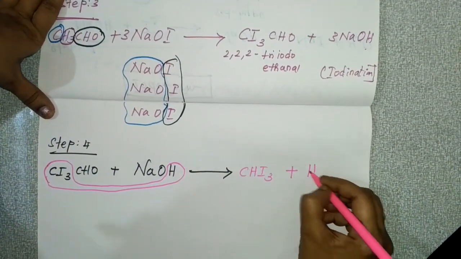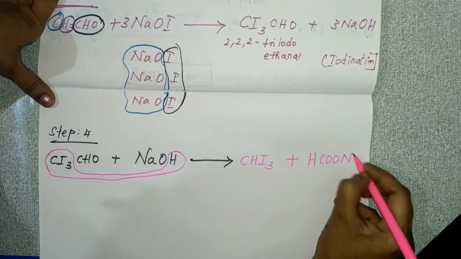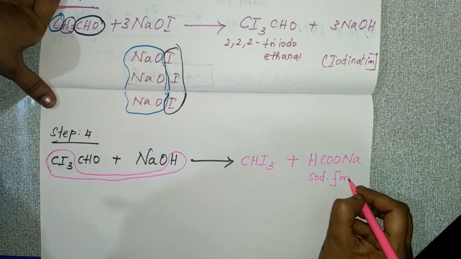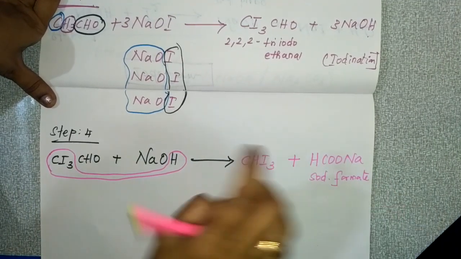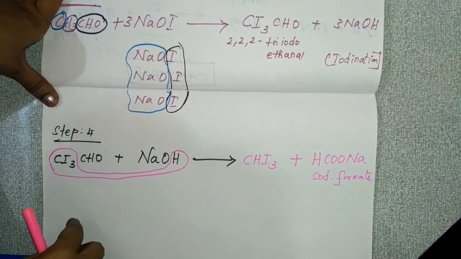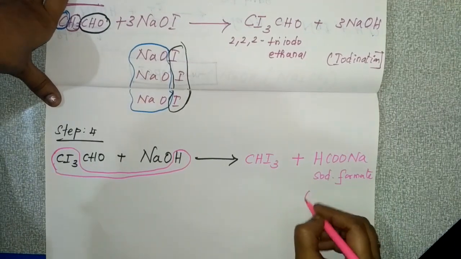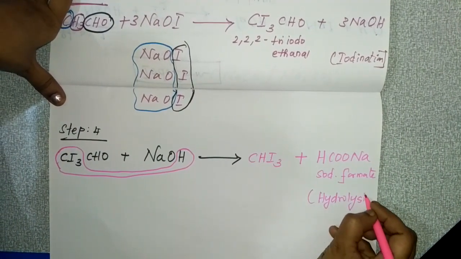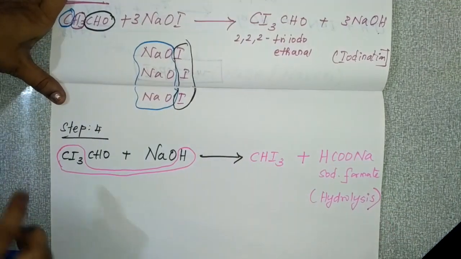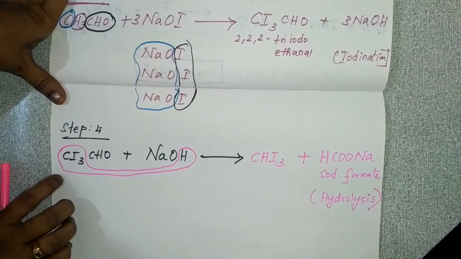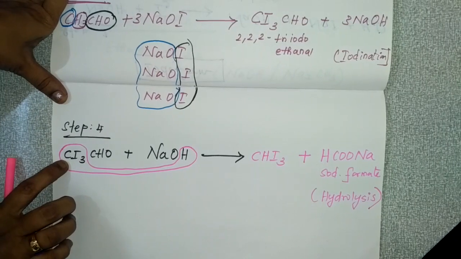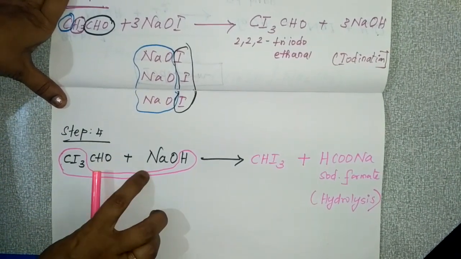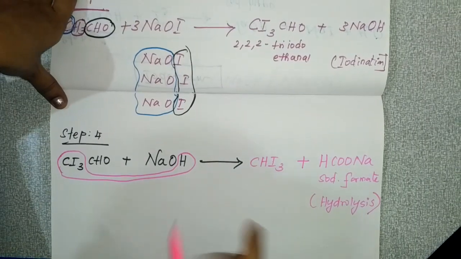HCOONa, that is sodium formate. So this is how iodoform is formed. So here in this reaction, hydrolysis of 2,2,2 triiodoethanol by sodium hydroxide forms iodoform.